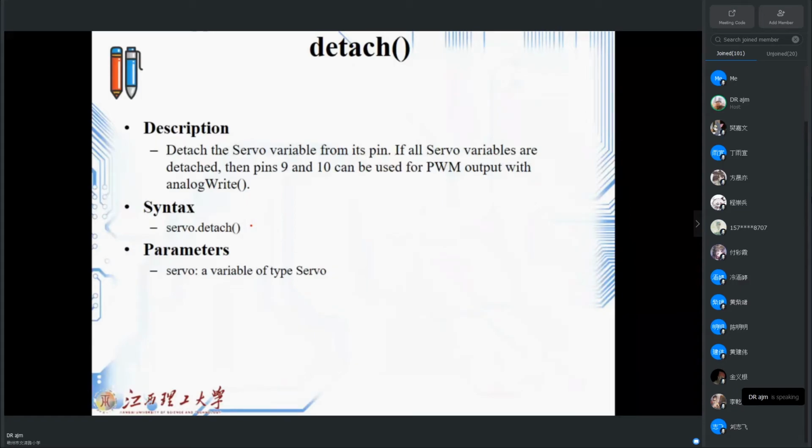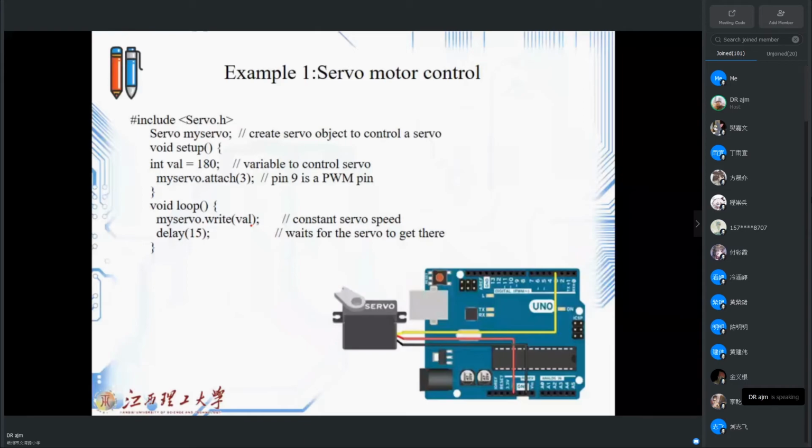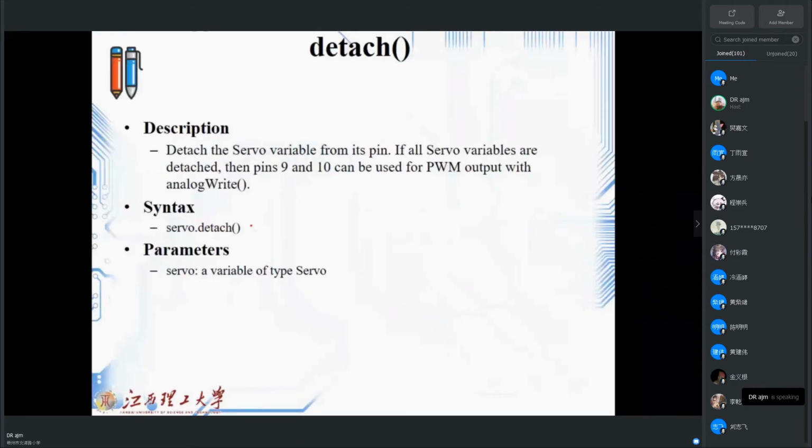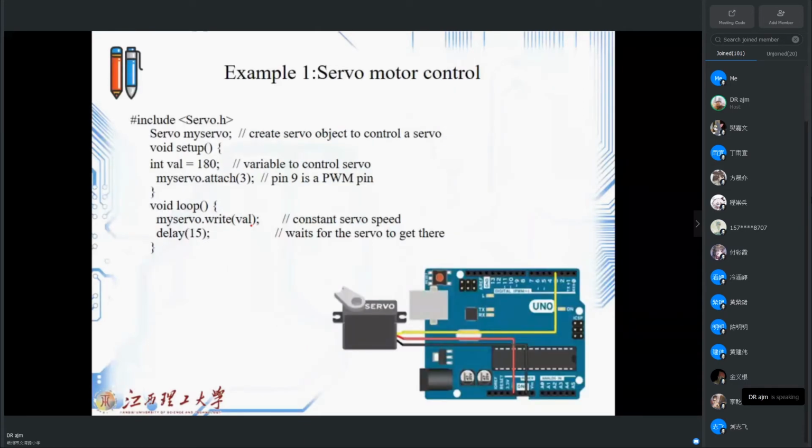Okay, let us see some examples regarding this servo motor. But before that, what we talked about till now is how we can connect the servo motor. It's not difficult.